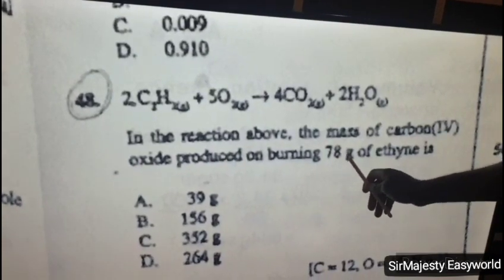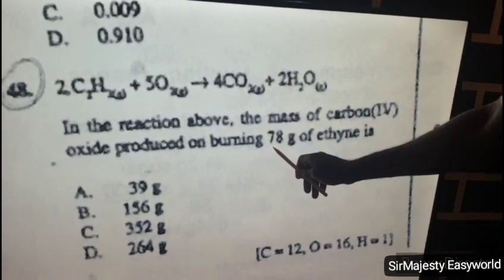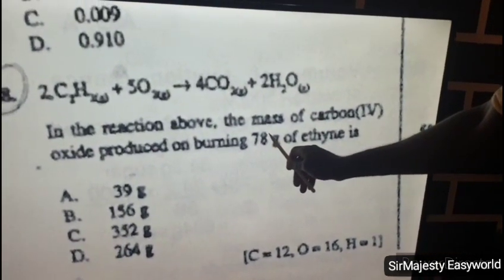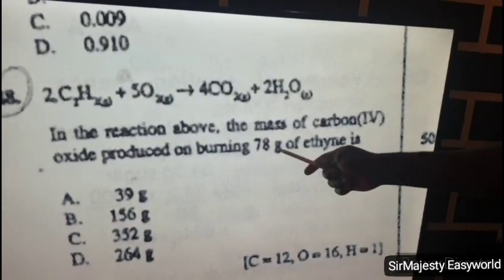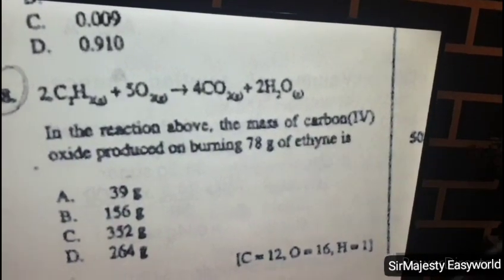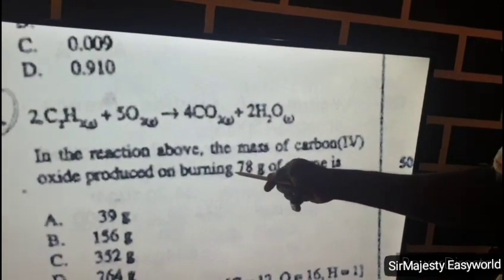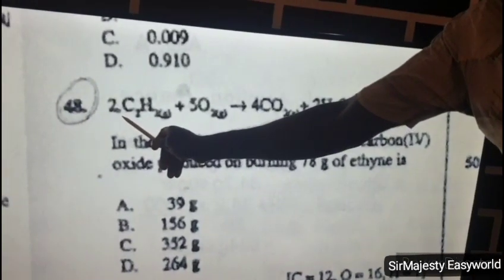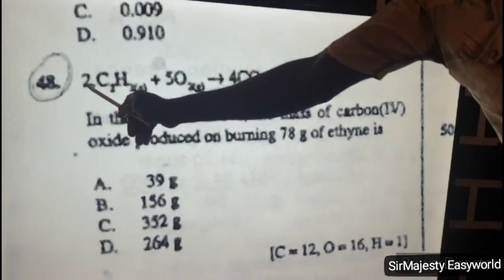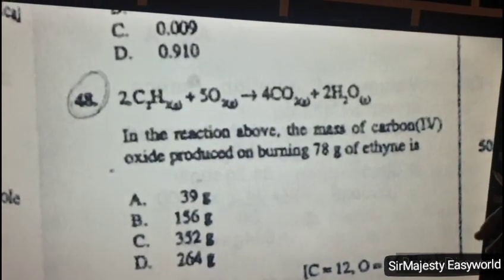Then, watch the number given, 78. Do you remember this multiplication factor? You use your discretion to know that 26 times 3 is 78. So it shows that we are working in the multiples of 3. I'm just teaching you how you can get the answer.